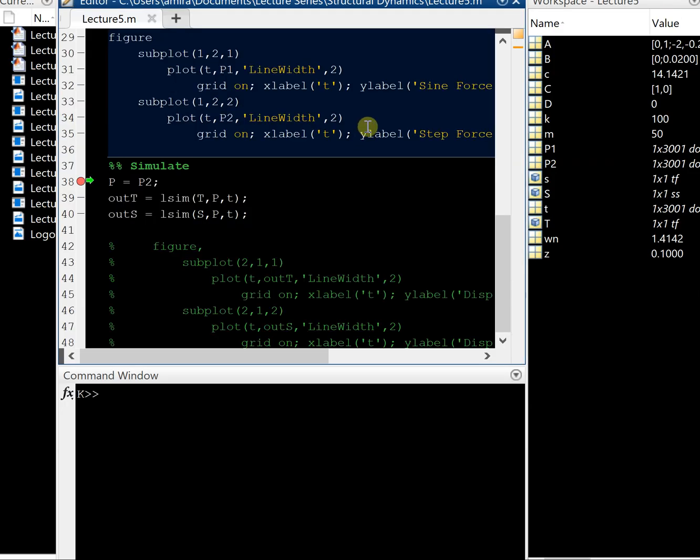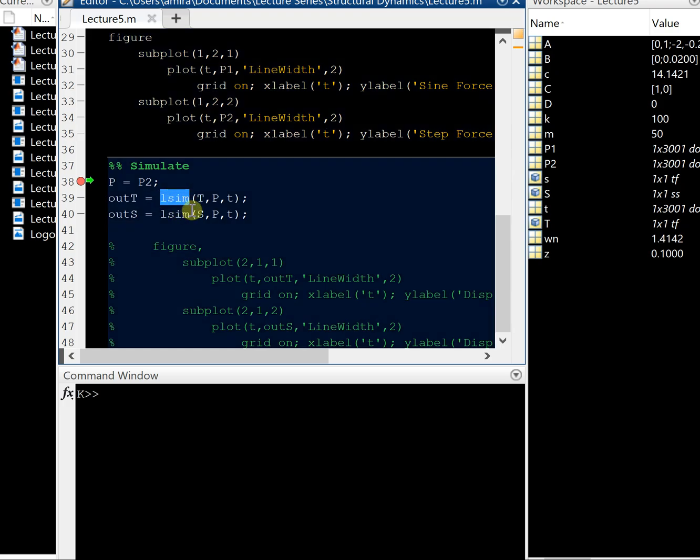So what I want to do now is to use this LSIM function, and plug in my systems, my forces, and my time variables, so my time vector. And I also want to choose what kind of force I want to plug in there. To begin with, we're going to do the sinusoidal force.